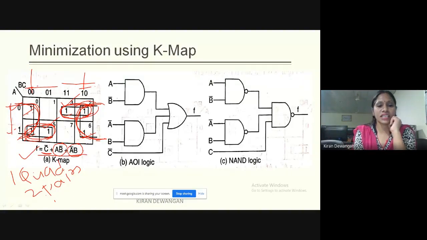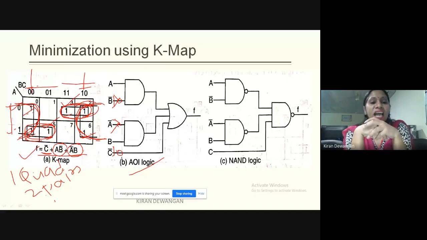Now we can easily design it in AOI logic. AOI logic is very simple. We have to just make use of AND gate, OR gate and an inverter. Here we are not using inverter. Instead we should use one inverter here also and here also, just by taking A, B, C as an input. But here, just for convenience, it has taken just B bar, A bar and C bar directly.